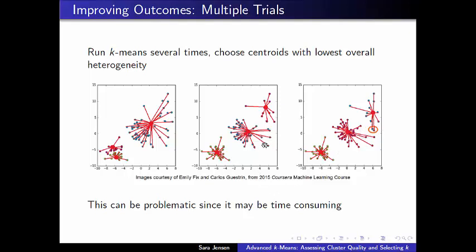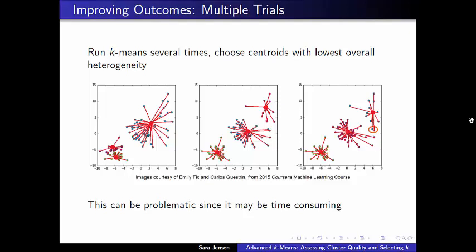In the picture on the left, the lines connecting them to their cluster center over here are a little bit larger than their lines connecting them to the cluster center over here. So of these three clusterings, we would expect this one to be the least heterogeneous, and this is the one we would want to return as the best clustering for this data.